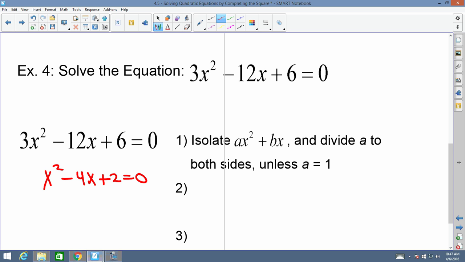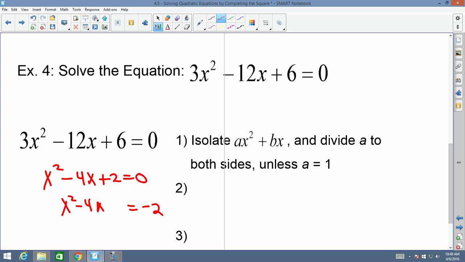Okay. Now I want to isolate the x squared and bx. So I really have x squared minus 4x equals negative 2. I'm going to chill right there for a second. I want to make sure everyone sees what I did. If there's a GCF, divide it out. Okay?